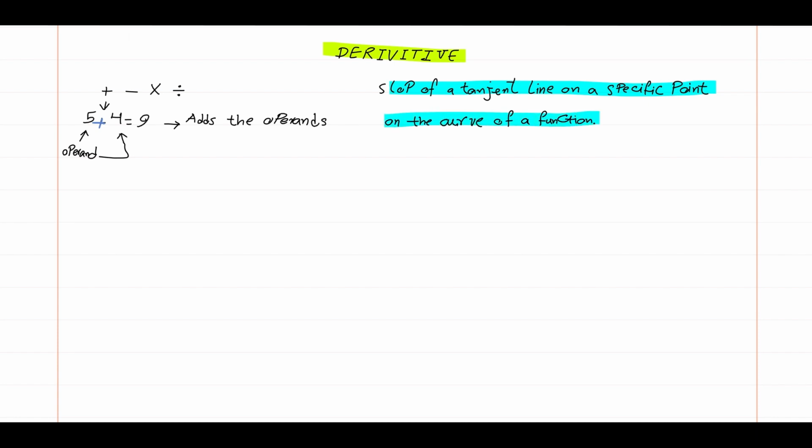The derivative operates on functions, meaning we differentiate a function, and the notation is like this. We take the derivative with respect to a variable, in this case x, of a function.